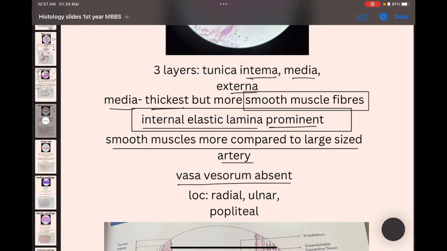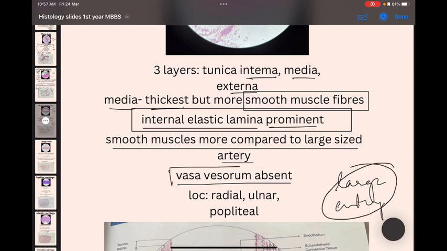In the case of large arteries, vasa vasorums are present. Vasa vasorum is an adaptation for blood supply for the blood vessels itself. So only in the case of large arteries vasa vasorums are present. In medium sized and small sized arteries we don't have vasa vasorum.